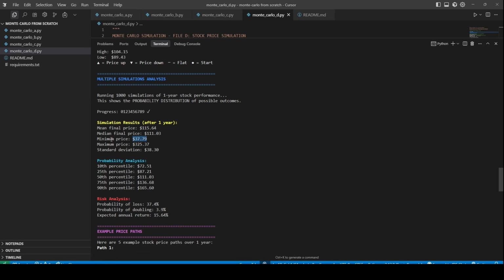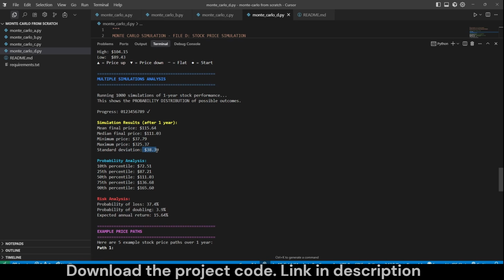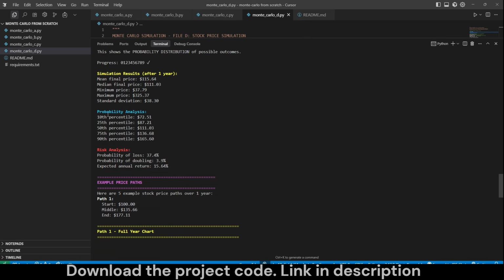Sometimes that is the minimum that it found itself in. Maximum price, sometimes it went up over 300%, and the standard deviation from the mean was about 38%, meaning you can expect 115 as your baseline, but expect $38 movement on either side within 1 year, given the simulation.